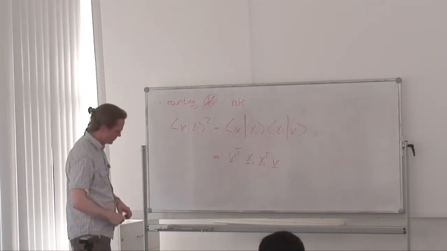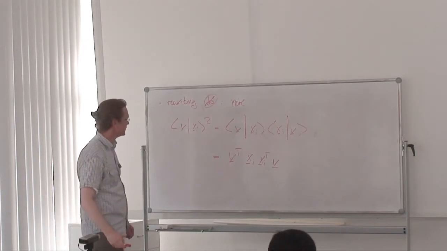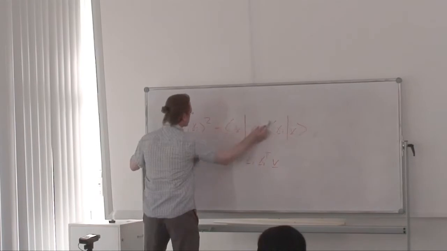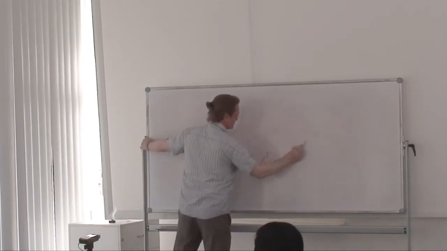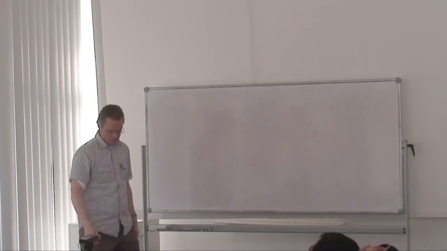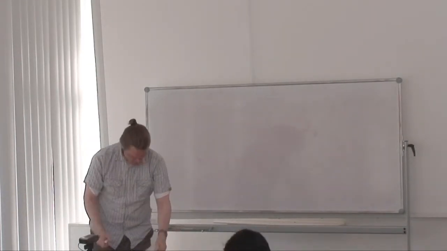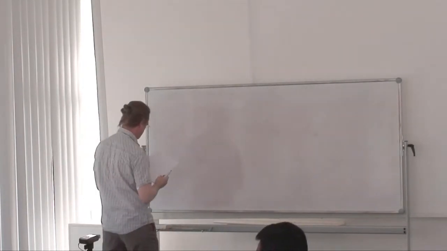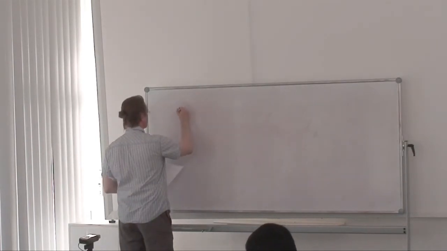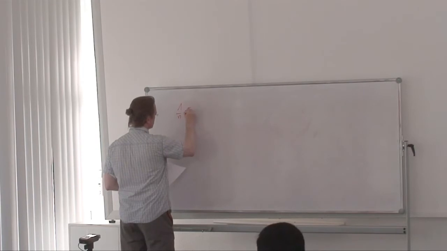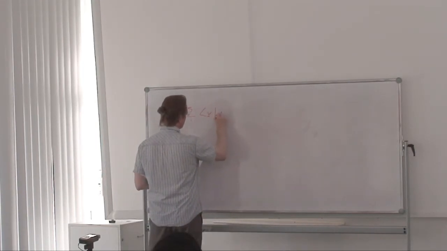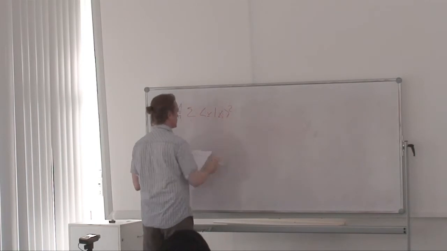Okay, but what we are actually dealing with is the following. We are actually dealing with 1 over n sum over i of the inner product of v and xi, squared.